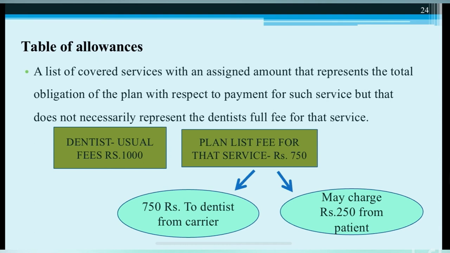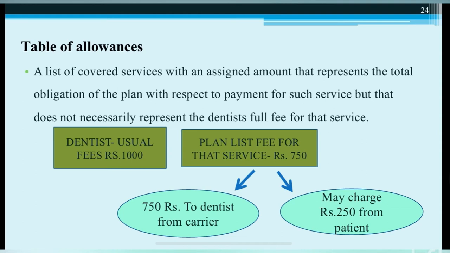What is it? A list of covered services with an assigned amount that represents the total obligation of the plan with respect to payment for such service, but that does not necessarily represent the dentist's full fee for that particular service. Say, for example, the dentist's usual fee is rupees 1000, and the plan's listed fee for that service is rupees 750.